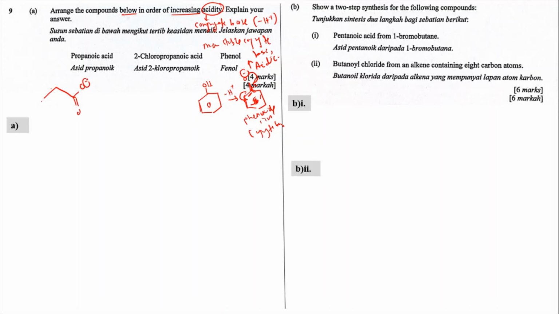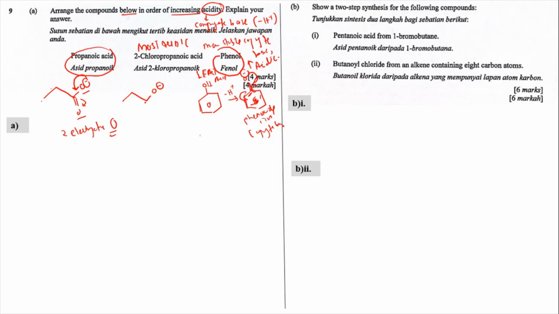So the negative charge is going to delocalize inside the carboxylate ion, which involves 2 electronegative atoms, which are oxygen. So I can say that propanoic acid is more acidic than phenol. Propanoic acid lebih acidic daripada phenol. And then 2-chloropropanoic acid is going to be the most acidic. Phenol is going to be the least acidic.